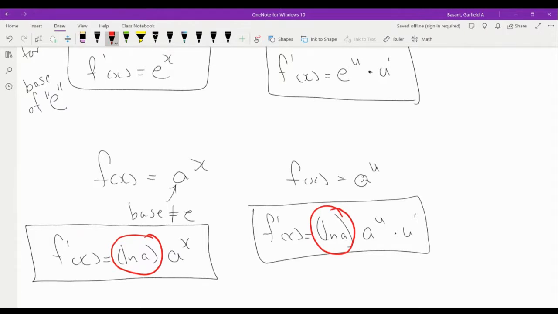Everything else stays the same. Did everyone get that? Pretty straightforward, I think. But I don't want to make any assumptions here.